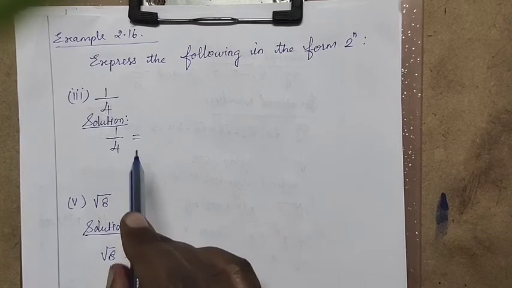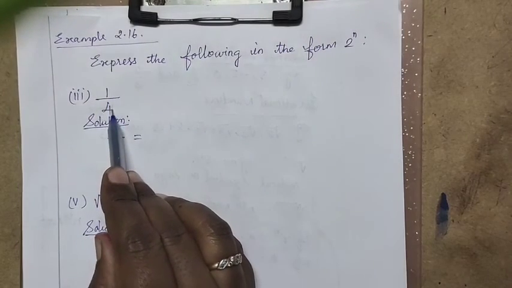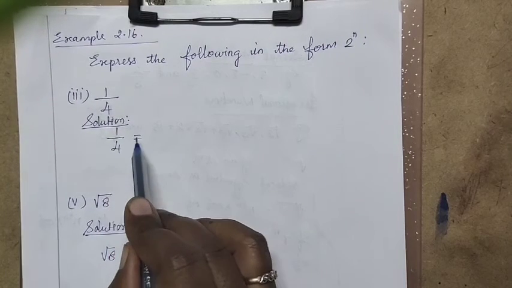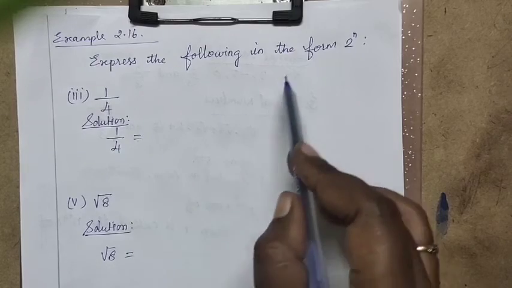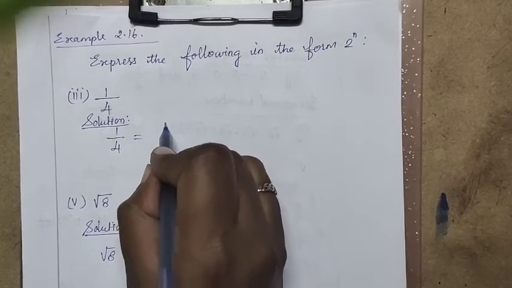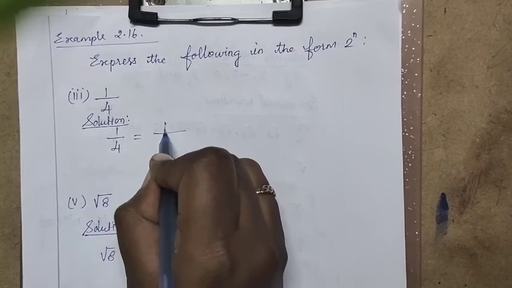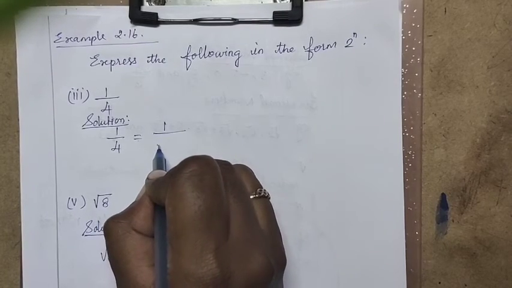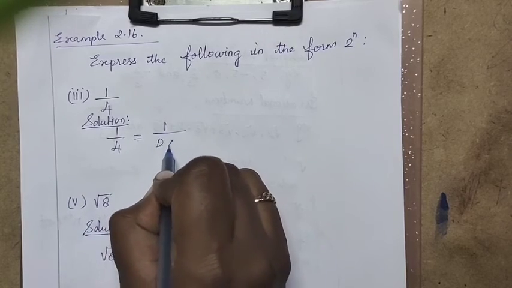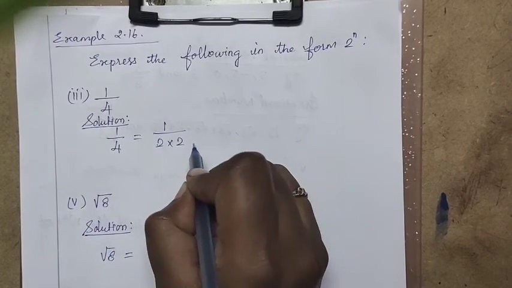See here, 1 by 4 is given. Write solution. 1 by 4 is equal to, we have to write in the form of 2 power n. So, you have to split the number into 2 in the base. Okay. So, how will you divide this? 2 2s are 4.